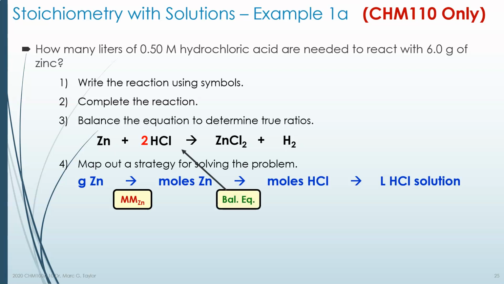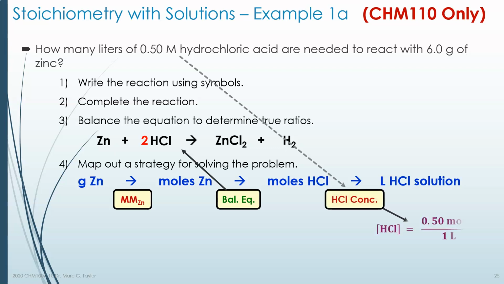And for the balanced equation, we're going to use the coefficients 1 to 2 to 1 to 1 for the four reactants and products in this reaction. Zinc has 1 mole and HCl has 2, so we know we get 2 moles of HCl for every 1 mole of zinc.